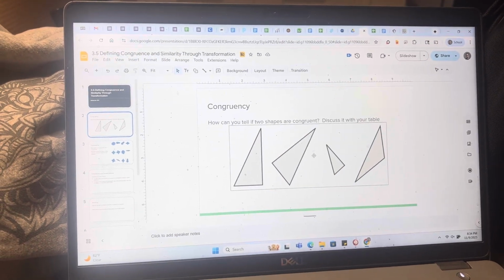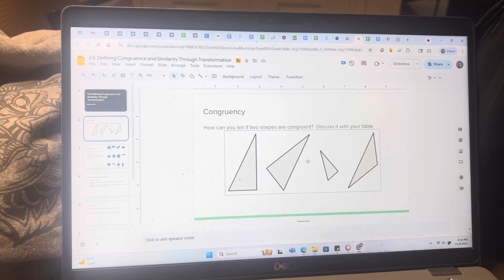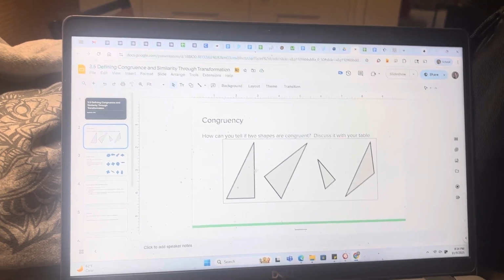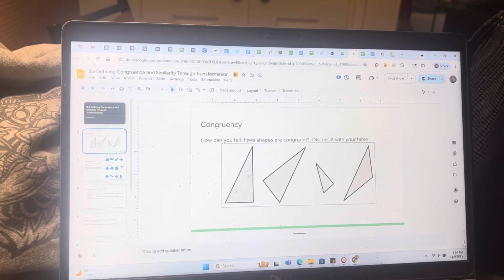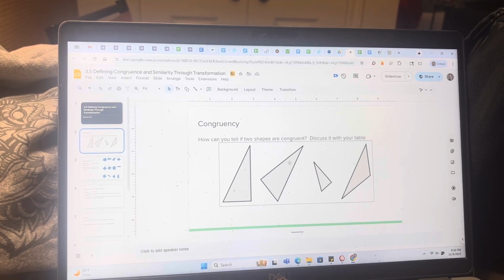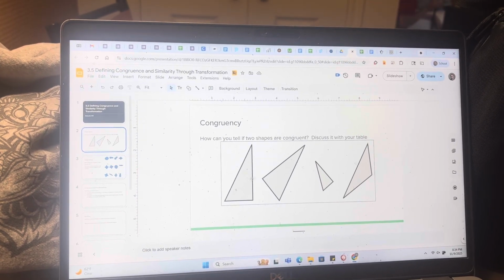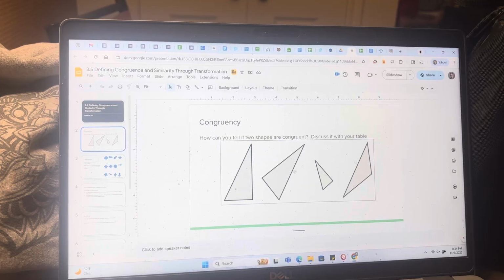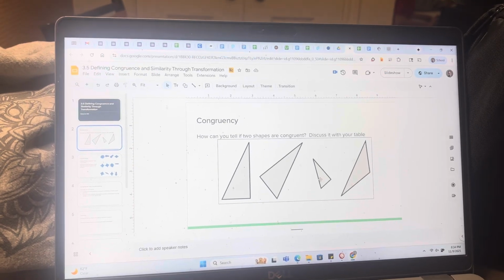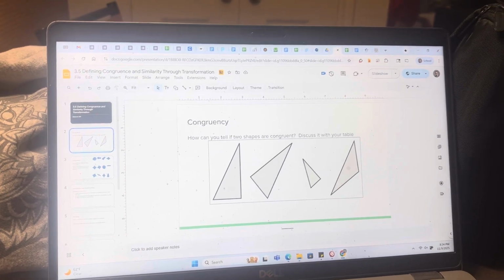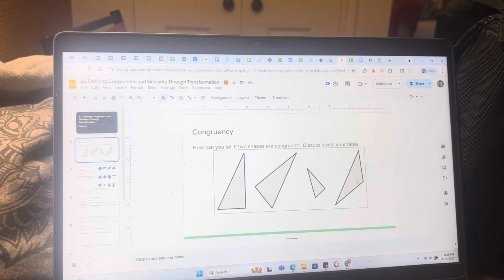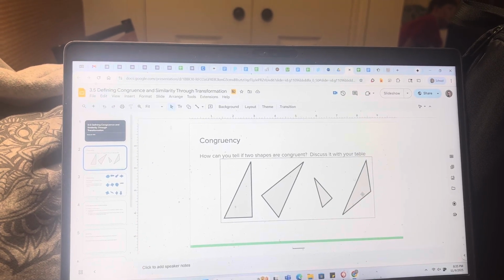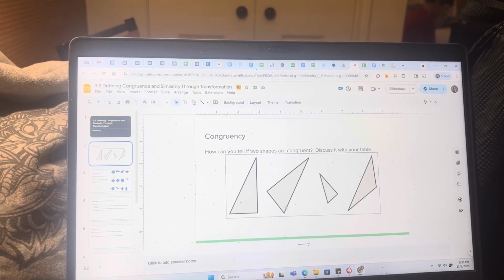So if we look at these, which shapes are congruent and how can we tell? This one appears to be reflected and rotated to make this one. It looks like it would be rotated a bit and then dilated down, shrunken down to make this one. And then this one just seems completely not congruent, not similar, nothing at all.